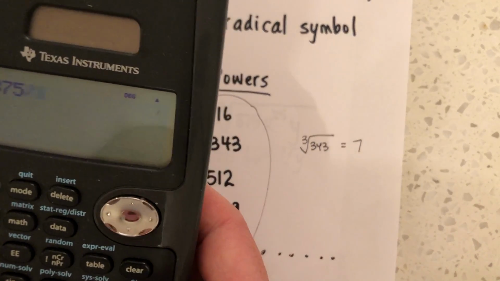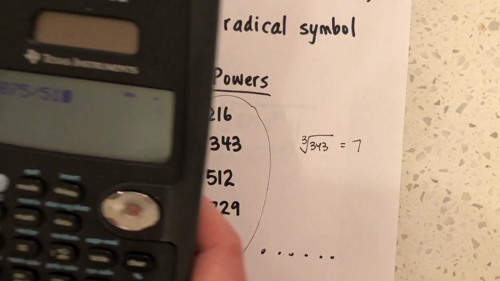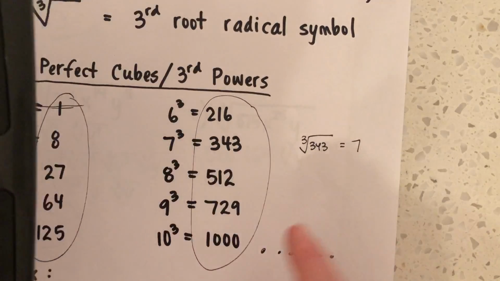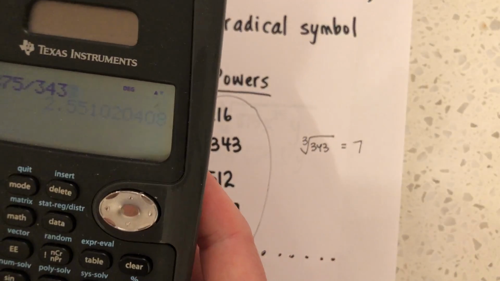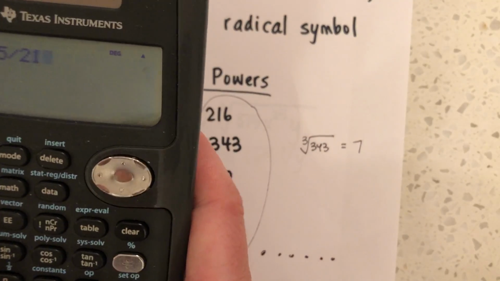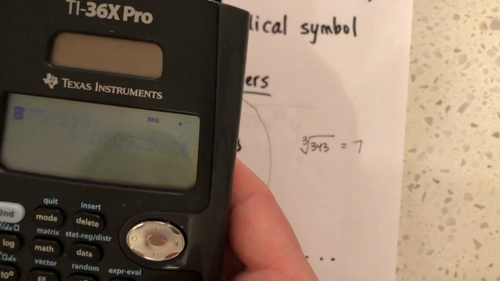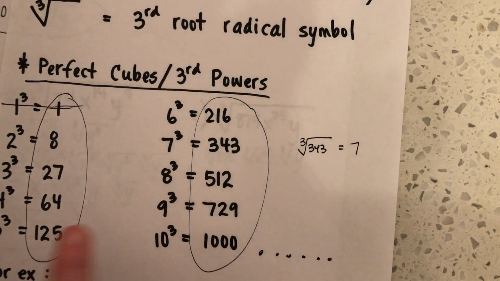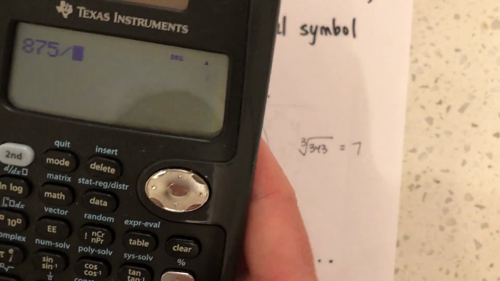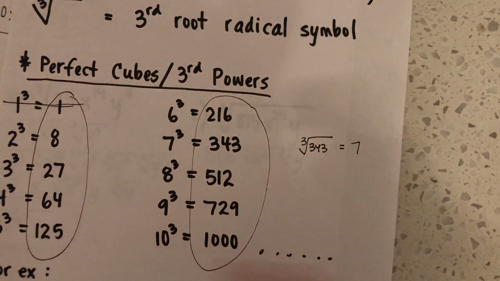Does 875 divide by 512? Nope. Does 875 divide by 343? Nope. Does 875 divide by 216? Nope. Does 875 divide by 125? We're trying to find numbers that we can take a third root of. Yes. So 125 is our winner.